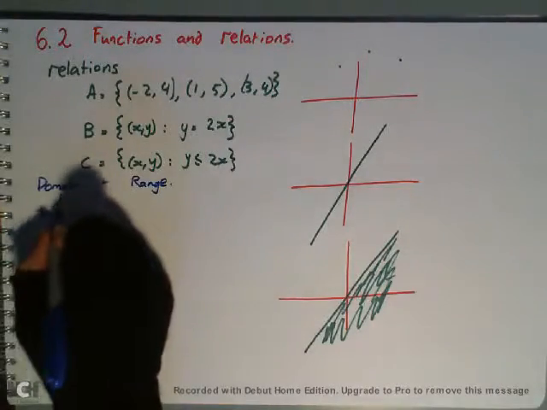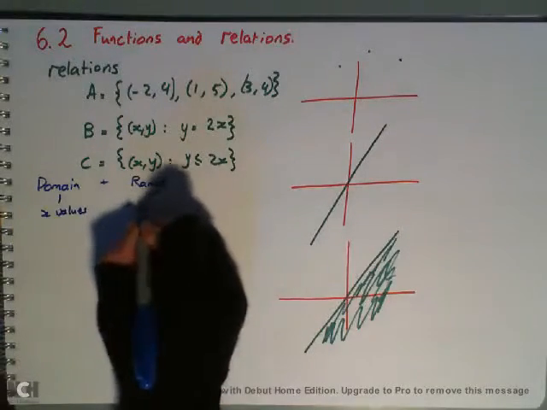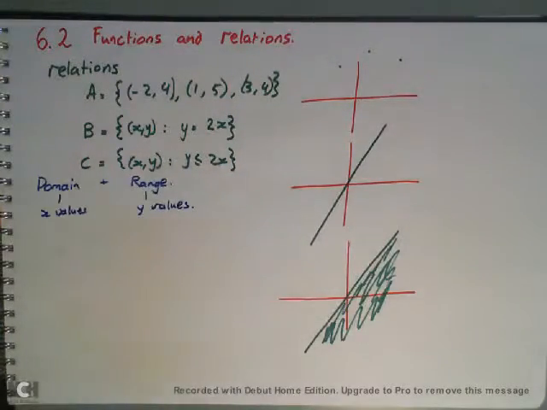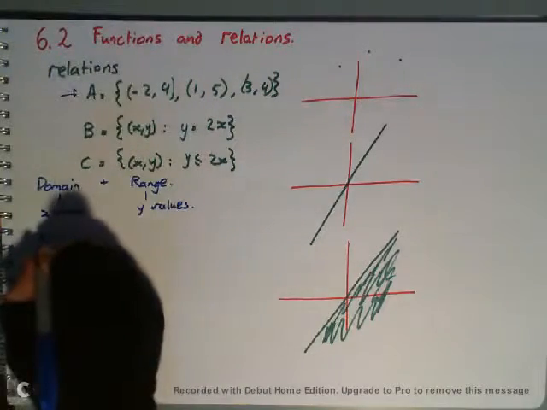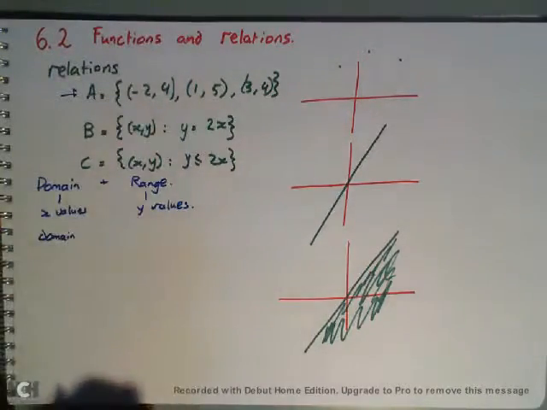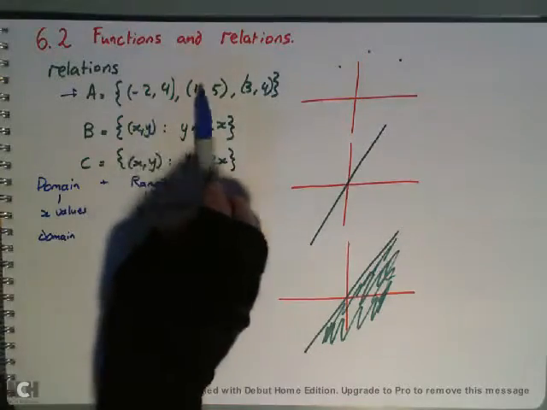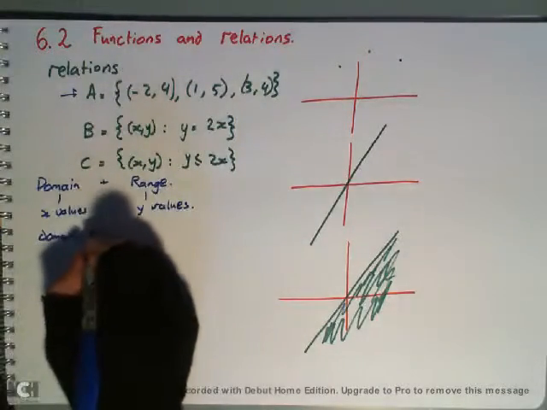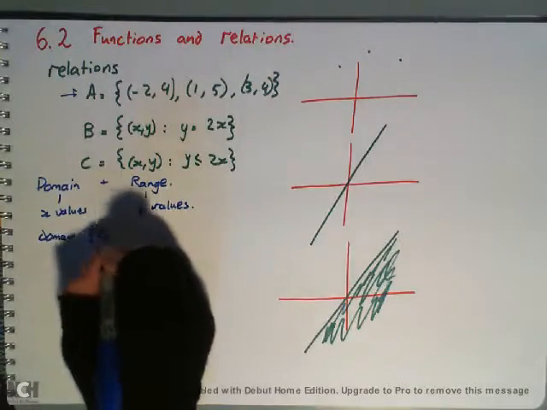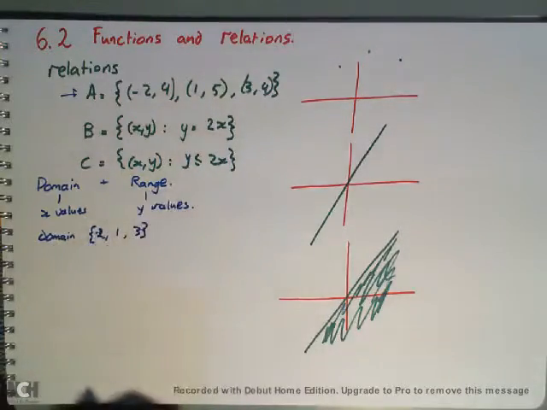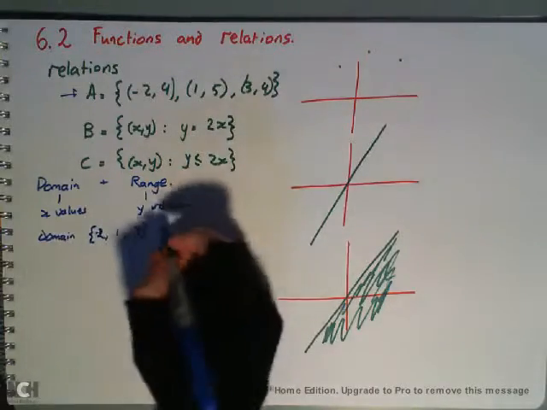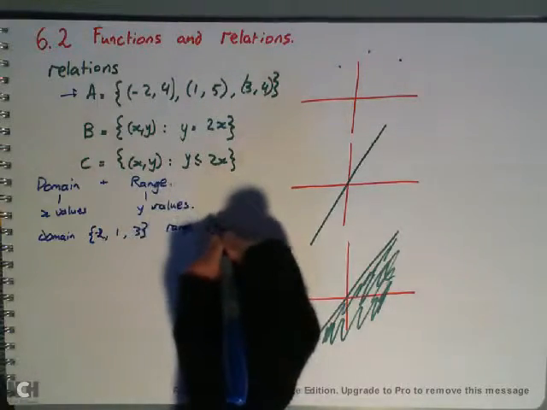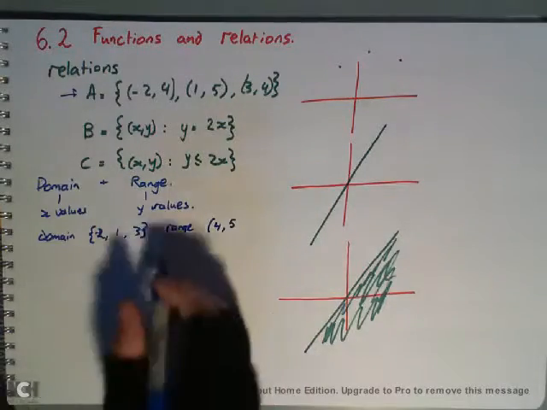So for A, the domain is all the x values: -2, 1, and 3, because they're points. And the range is going to be 4 and 5.